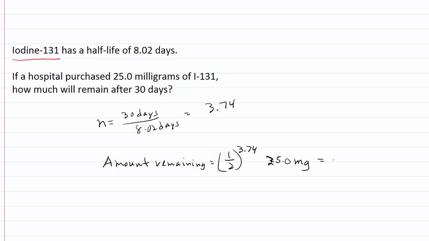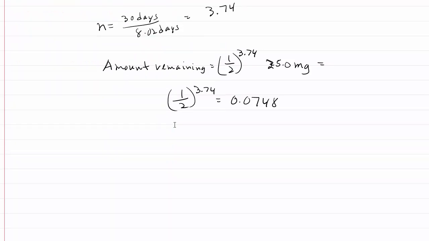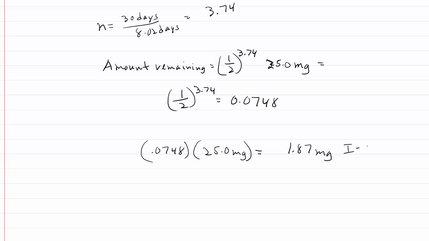Okay, so we need to figure out what 1/2 to the 3.74 is, and that turns out to be 0.0748. So the amount remaining is going to be 1/2 to the N times the amount we started with, 25 milligrams, and we're going to have 1.87 milligrams of iodine 131 that's left over after a period of 30 days.